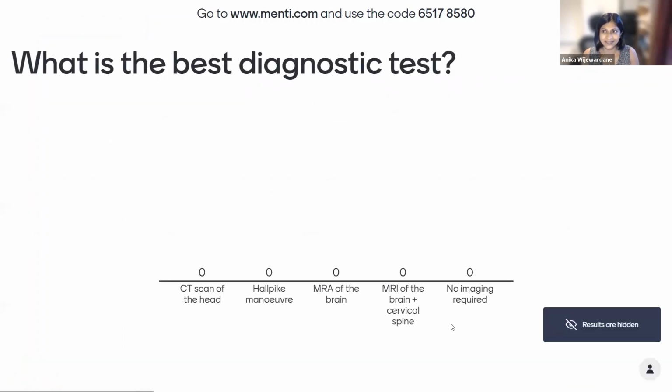And the question is, what's the best diagnostic test that you'd ask for? So feel free to vote.